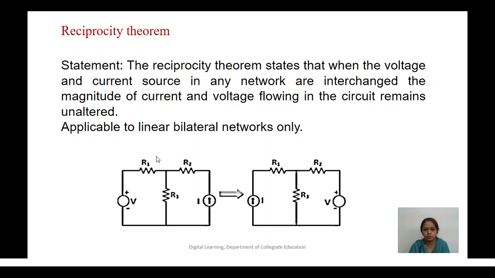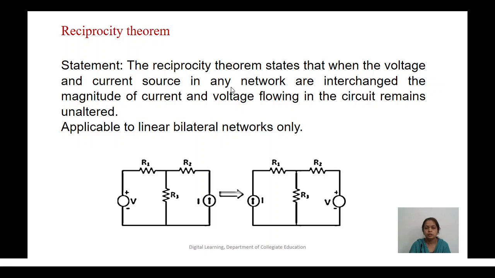Suppose we have a circuit here where we have a voltage source and a current source. Suppose we interchange the two. In this branch we have a current source. Wherever the voltage source is there, you put the current source, and wherever the current source is there, you put the voltage source.